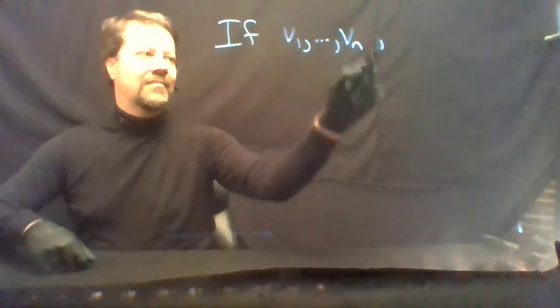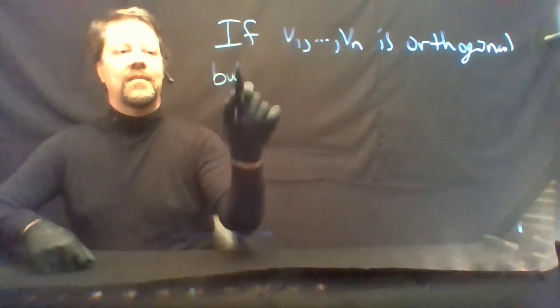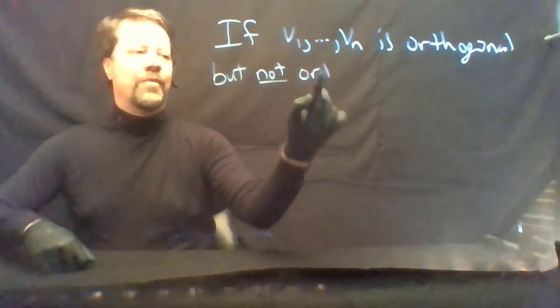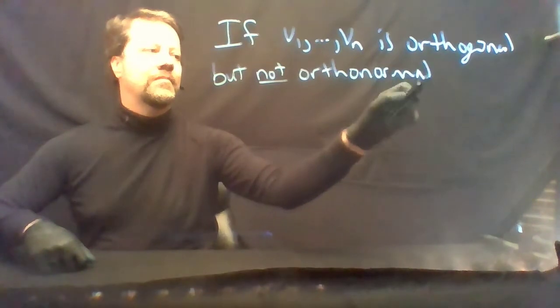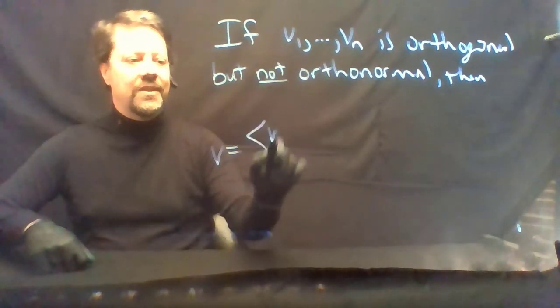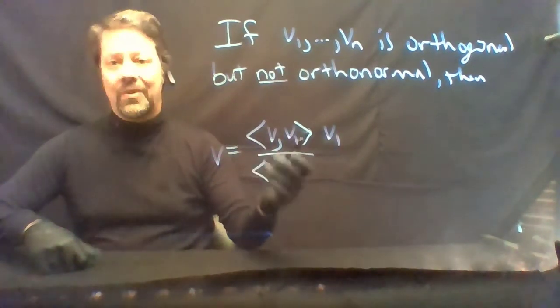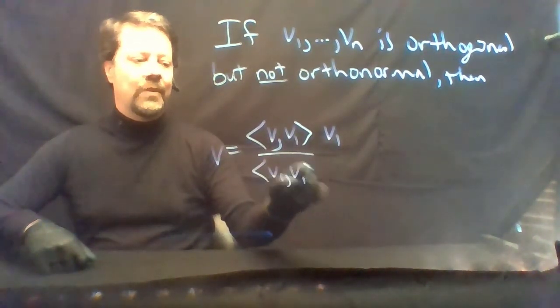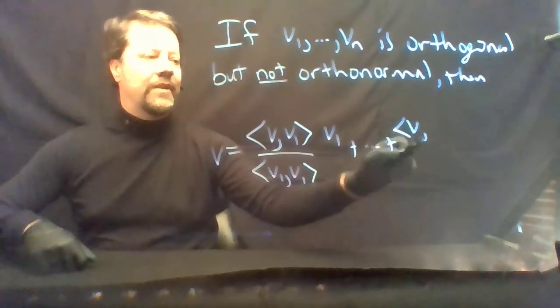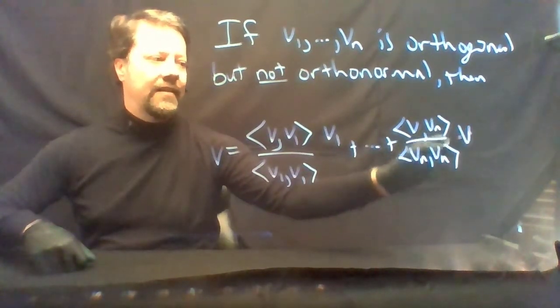What if the basis is not normalized? If this is orthogonal, but not orthonormal, then when we decompose the vectors, we still do the inner product of v with v1, we still get the v1, but we have to normalize things as we go along: the inner product of v with v1 over the inner product of v1 with v1, times v1, and so on through vn.